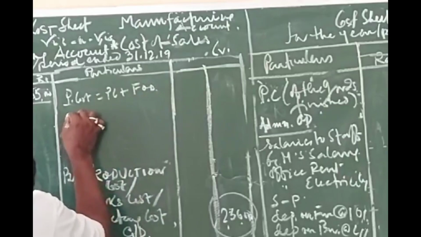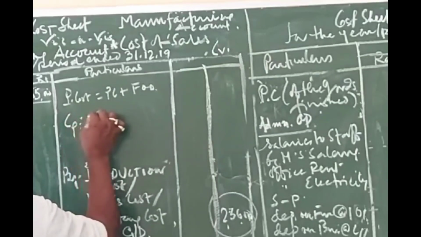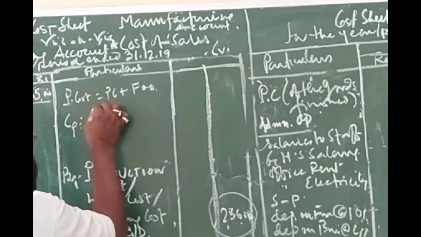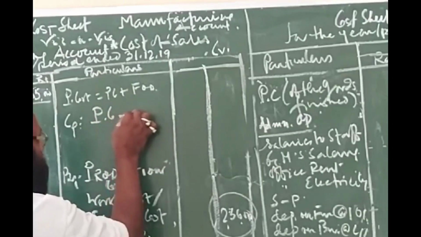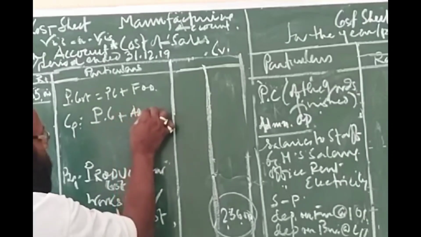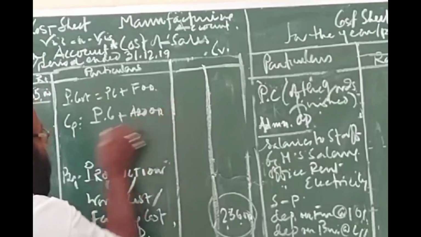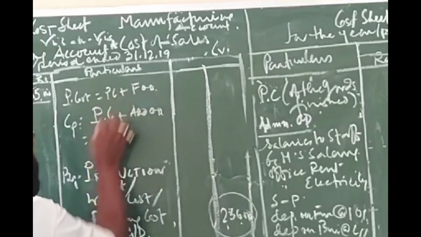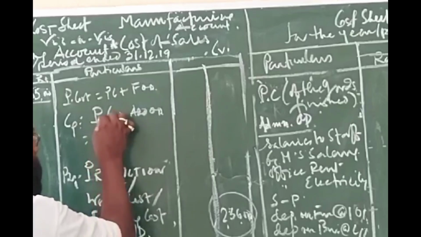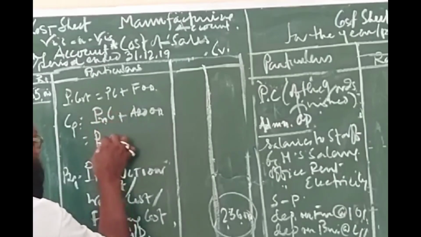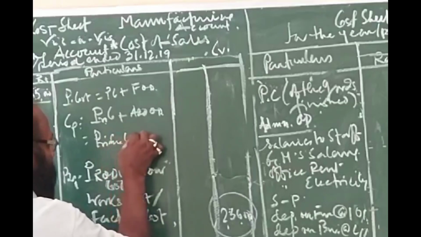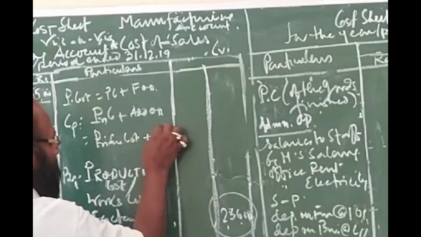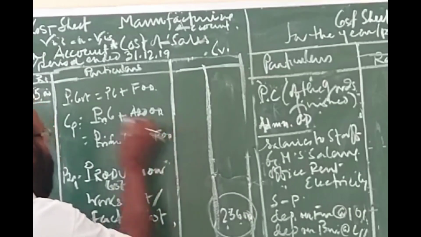Okay, and cost of production (CP), I am writing, cost of production has got production cost plus administrative overhead, and production cost has got what? Prime cost plus factory overhead.